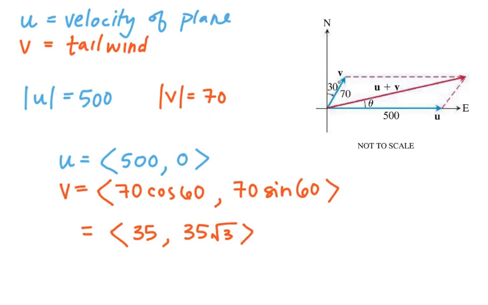Therefore, the sum of U plus V is the sum of my x's, or my horizontal components, and my y's, my vertical components. So I have 500 plus 35 gives me 535, and 0 plus 35√3 is 35√3.